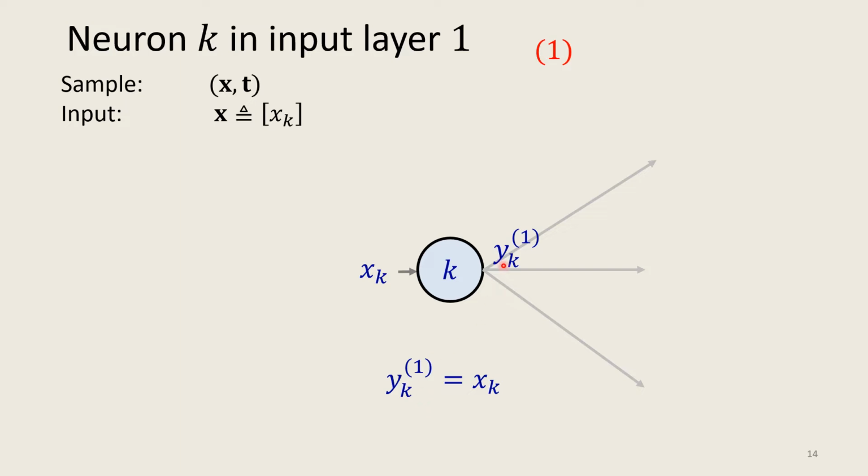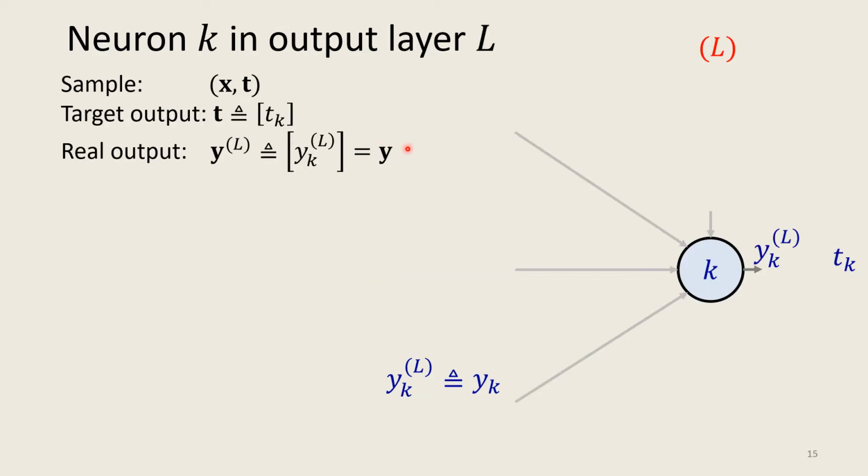So Yk superscript 1, because this is layer 1, Yk is the output of this neuron here. That's simply equal to the kth input xk of this vector x. There is no processing involved in these neurons, input neurons, and there are no weights associated with them either.